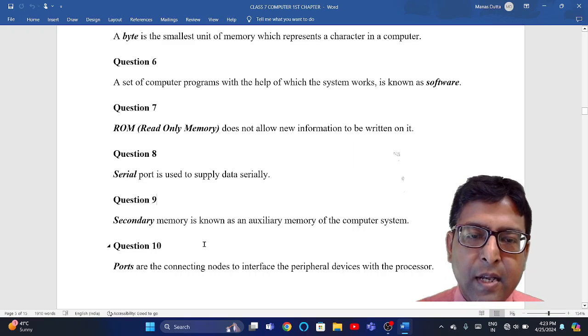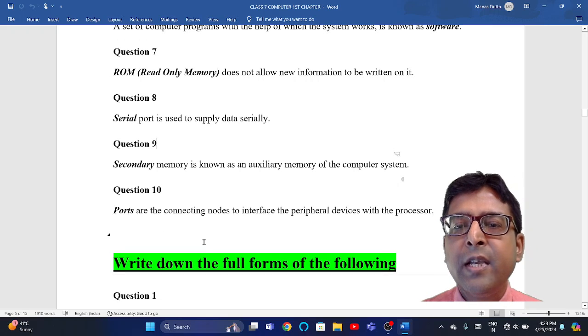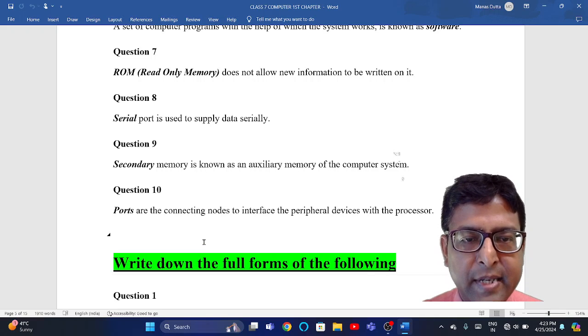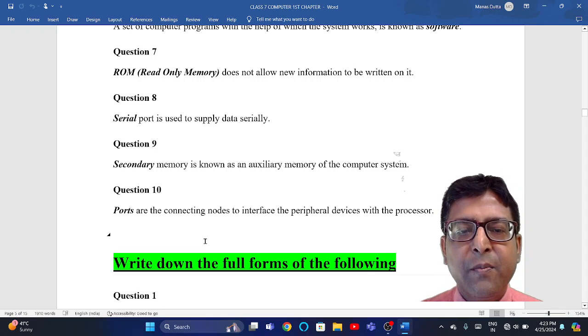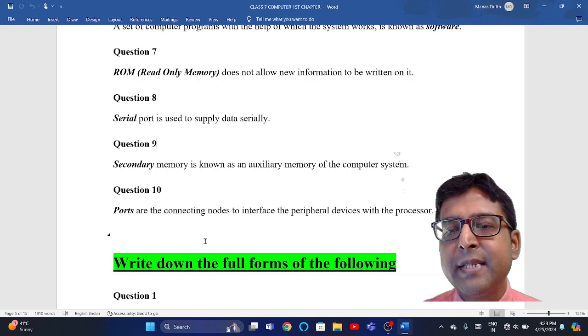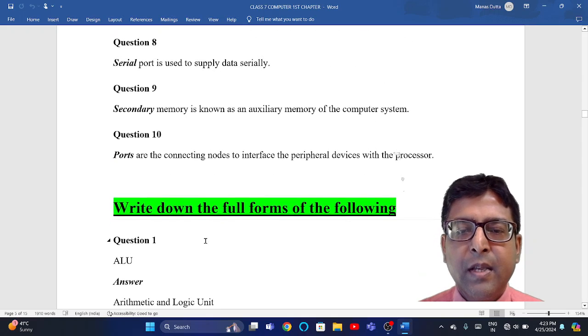Question 9, dash memory is known as an auxiliary memory of the computer system. Answer will be secondary. Question 10, ports are the connecting nodes to interface the peripheral devices with the processor. Answer will be ports.